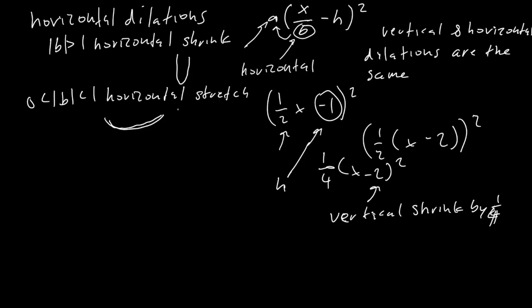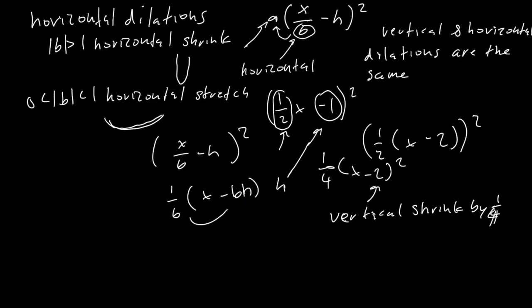However, once again, I don't advise you to actually deal with horizontal stretches, and instead factor out the b value, while keeping it. Remember to keep it. If you have (x over b minus h) squared, you have to first factor out the 1 over b times (x minus b times h).